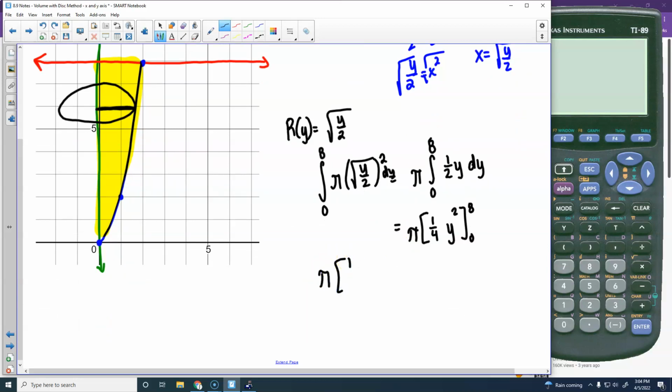We're just going to have 1/4 times 8 squared minus 1/4 times 0 squared. So that's going to be pi and 1/4 of 64, which is 16. So we get 16 pi for our answer.